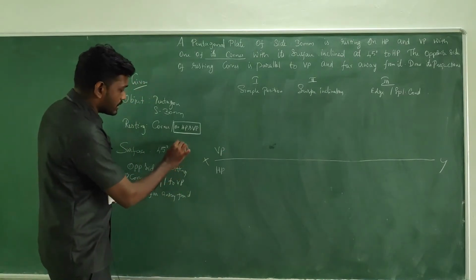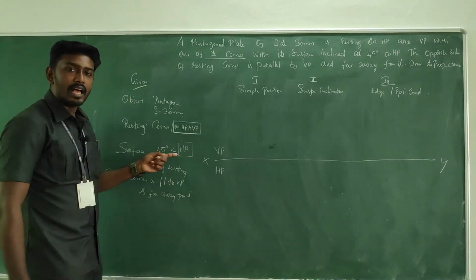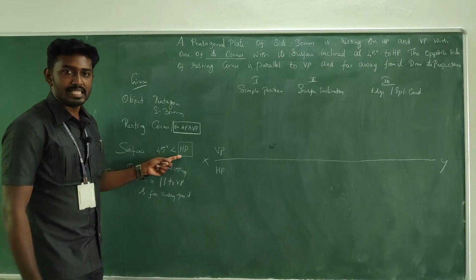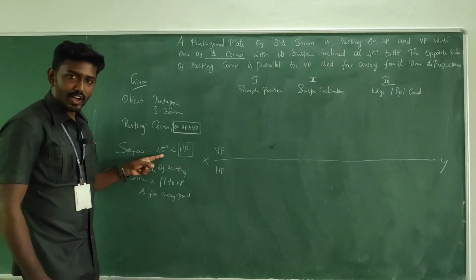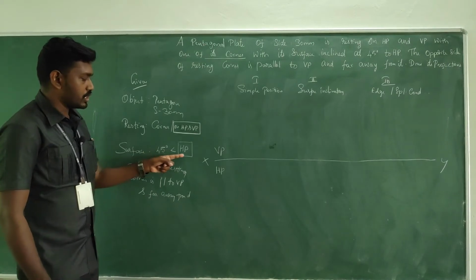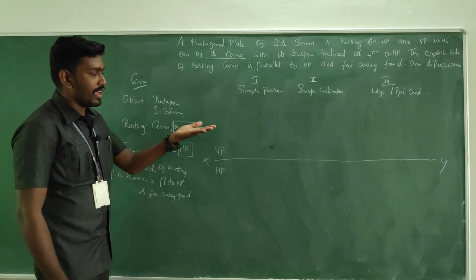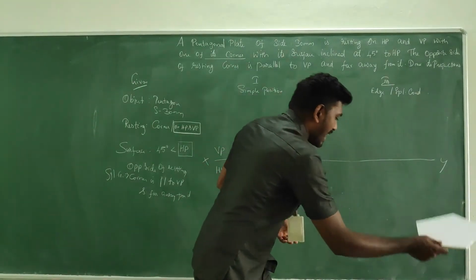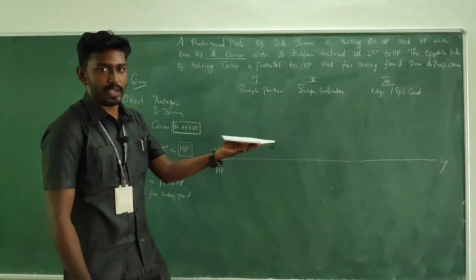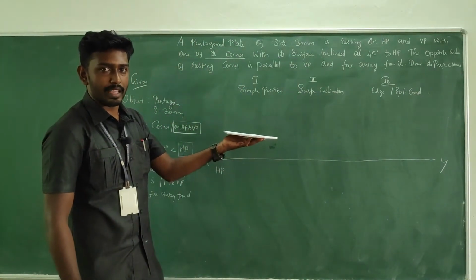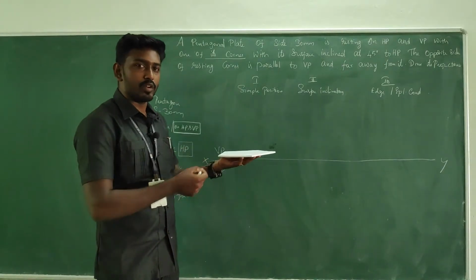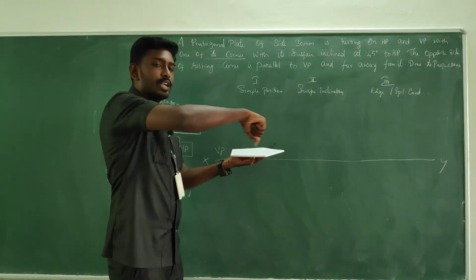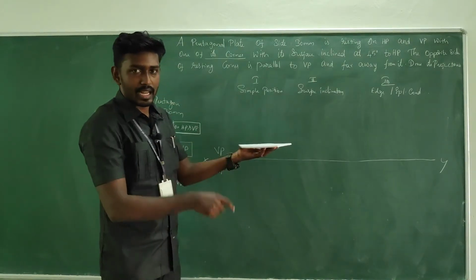Always for the simple position, we take the assumption based on the surface inclination. Here, in a clear-cut manner, it is available in our question: inclined to HP. So we have to take the plane parallel to HP, like this. When you observe from the top view, we could see the true shape, and from the front view it's a line.